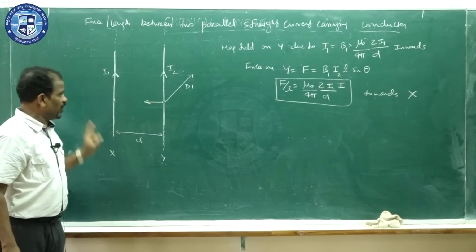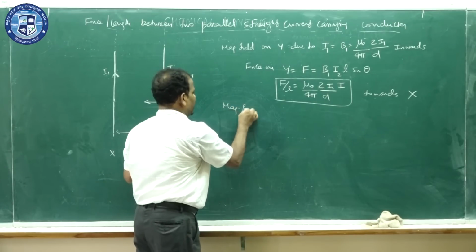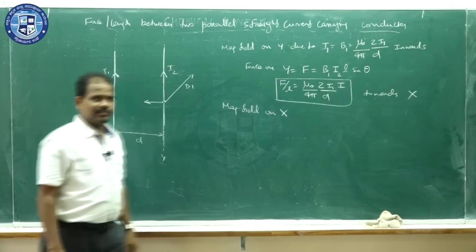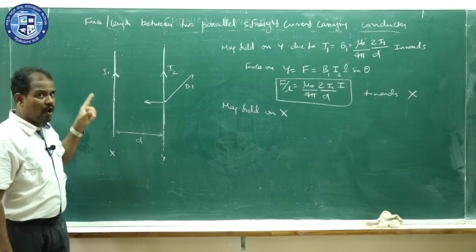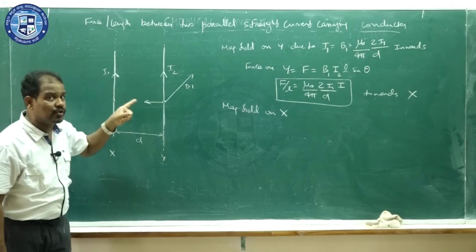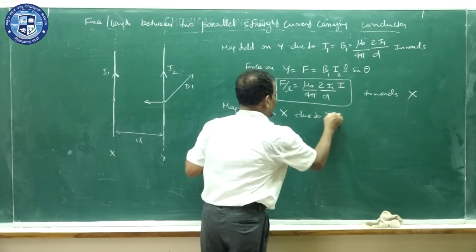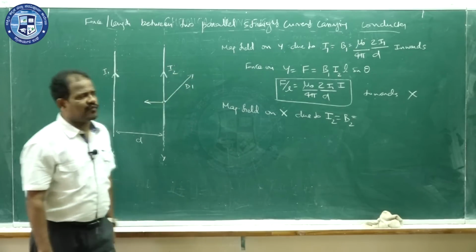So what is the magnetic field on X? Magnetic field on X, not due to I1 but due to I2. Due to I2, I call it B2. What is the formula?